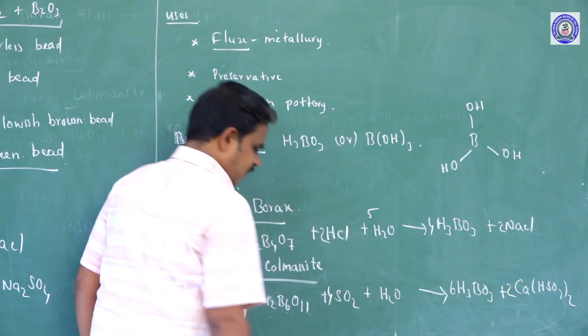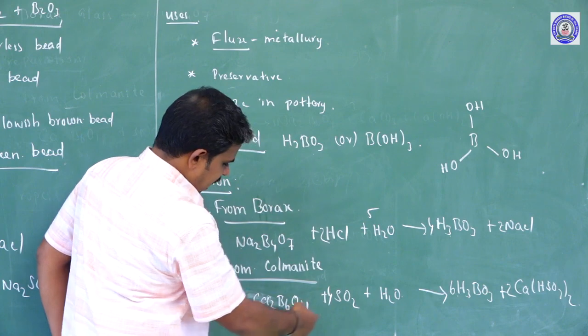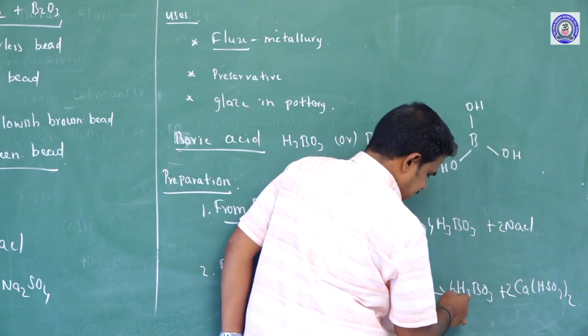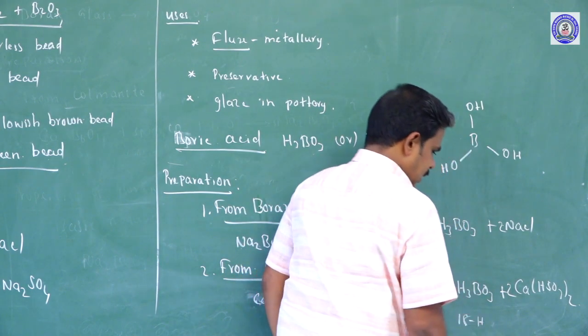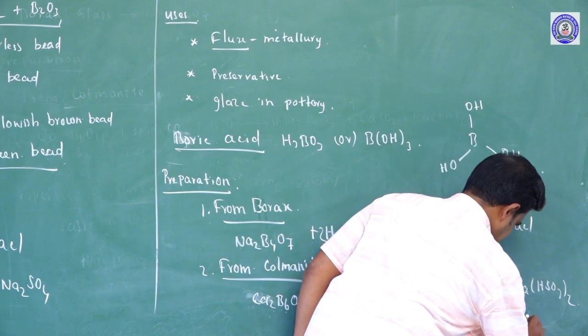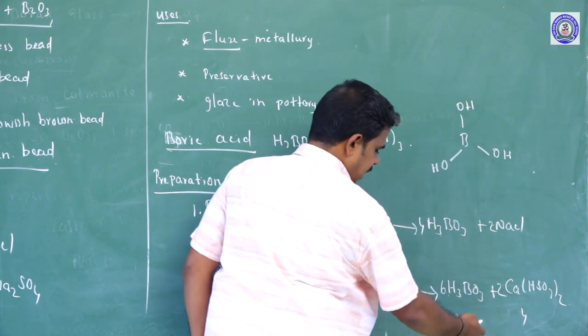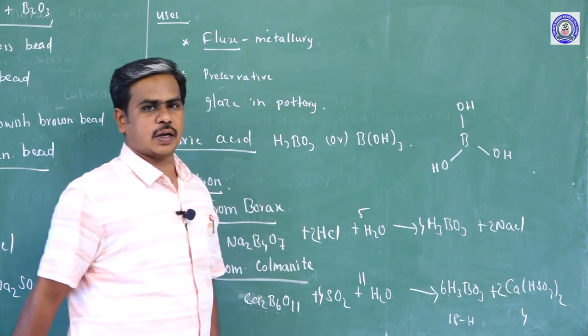And water molecule, here how many hydrogen? Only 2, and here it is 6 into 3, that is 18 hydrogen, and here 4 hydrogen, so 22 hydrogen is there, so we get 11 water molecules.